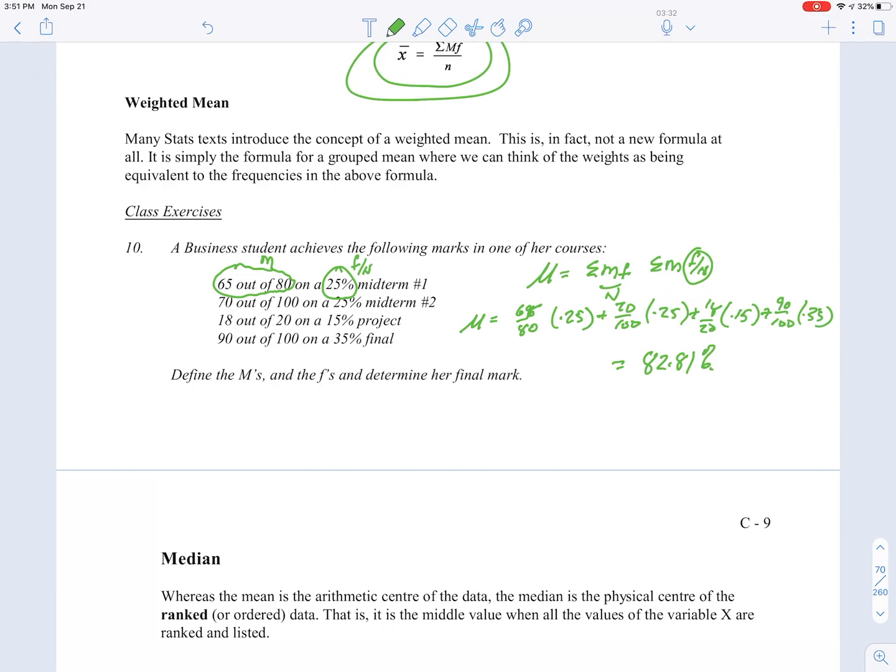Really, it's actually 0.8281, but it's 82%. Then 83% is what the person has in their mark. So the point is that you've used weighted means before when you've calculated what your grade is in a particular class. So that's where we're going to end it here.